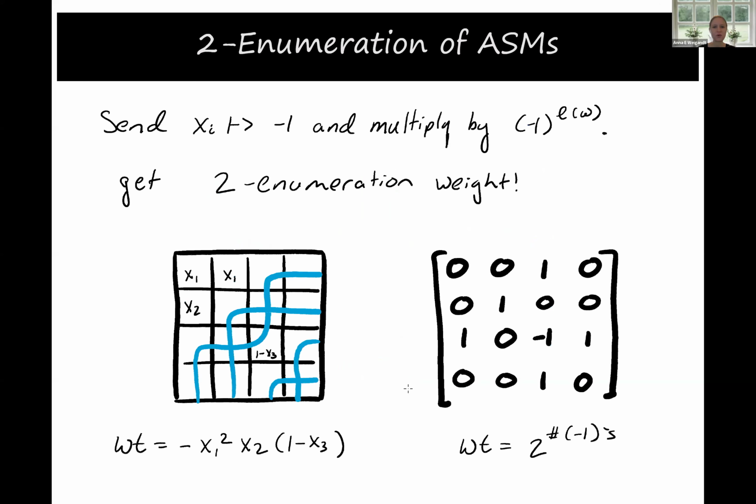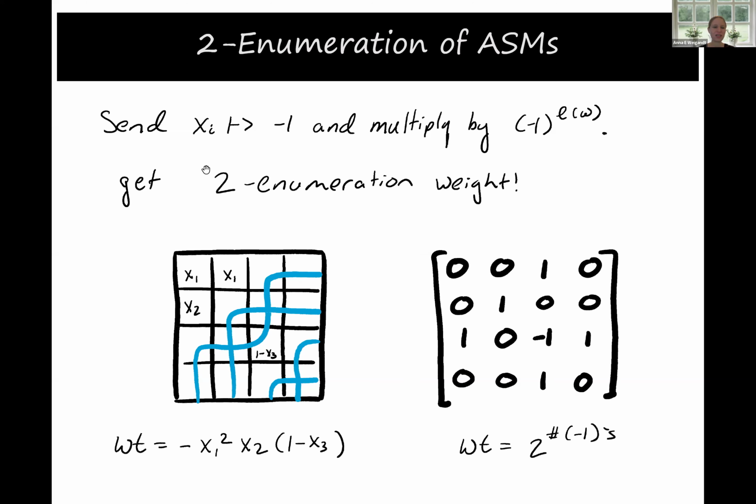Okay, so one thing you get out of this situation is you can recover this 2-enumeration formula for ASMs, where we take this lambda determinant and plug in lambda equals 1. You can get it in a cheap, silly way by Schubert calculus.